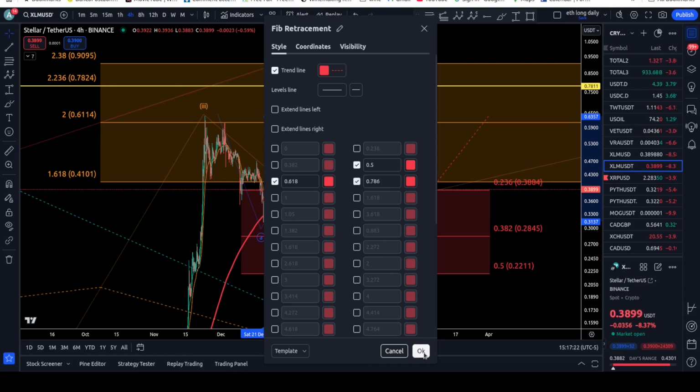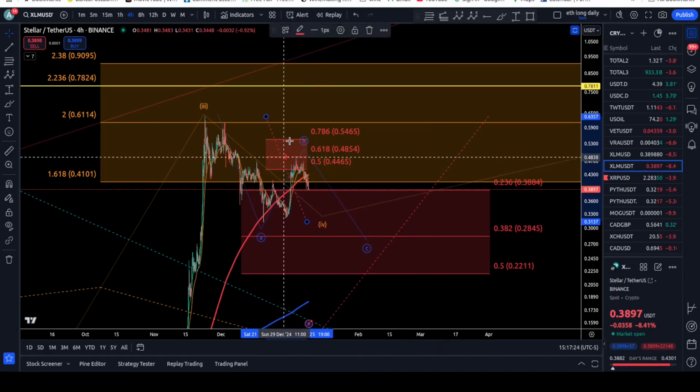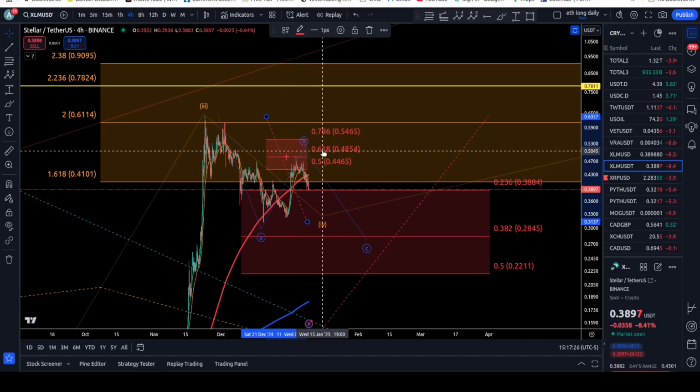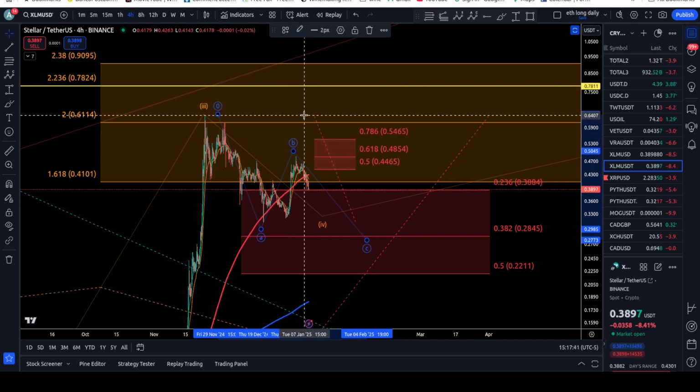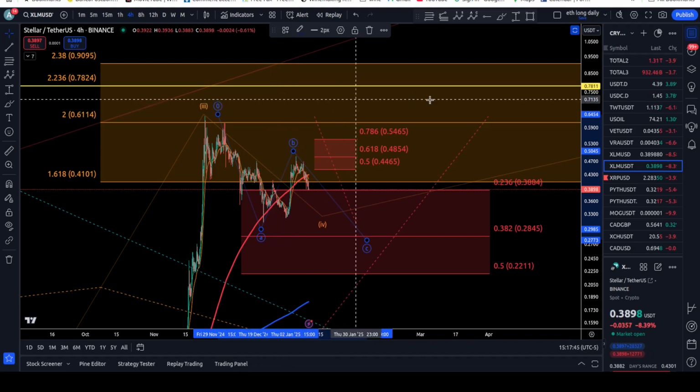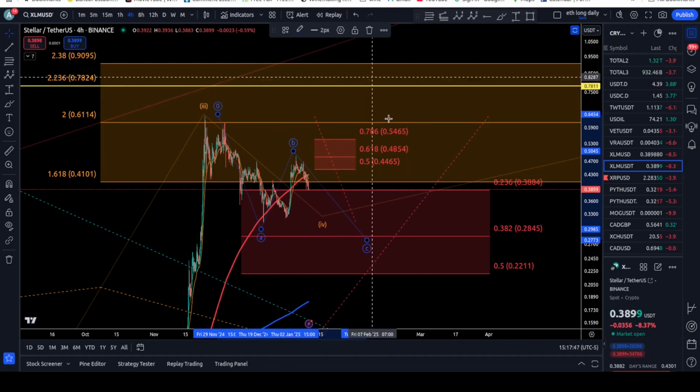I'm just going to show these are the levels where an ideal B wave is going to range. Now we know B waves are very hard to gauge, can go much higher, can make a higher B wave. This is why we usually don't trade B waves, because the sky is almost the limit.